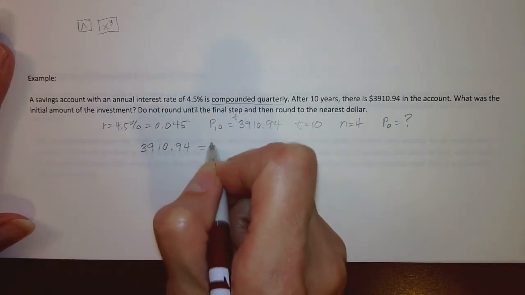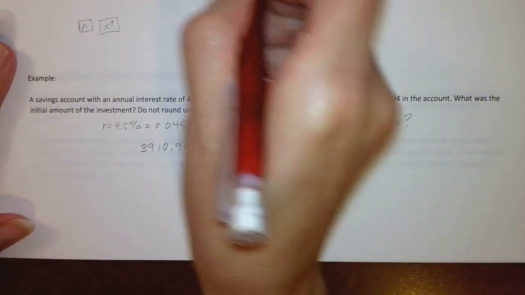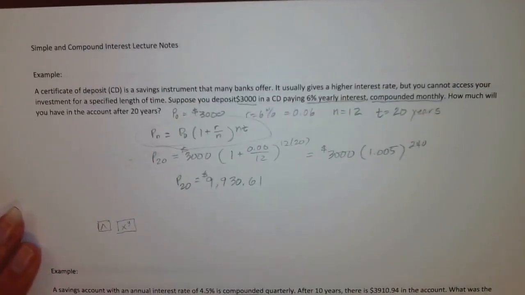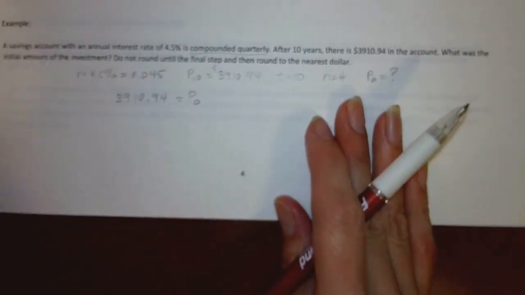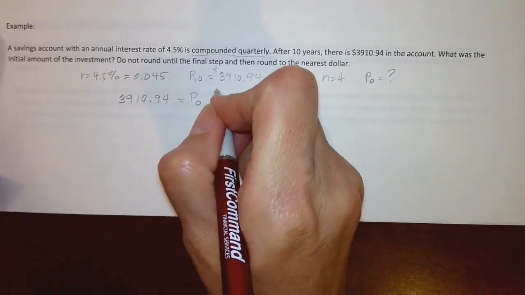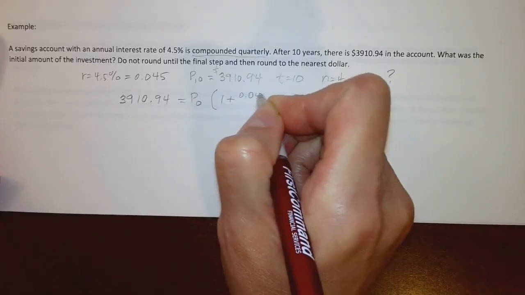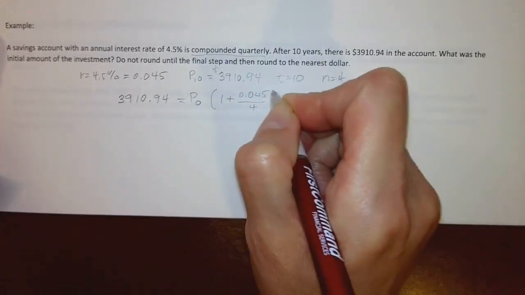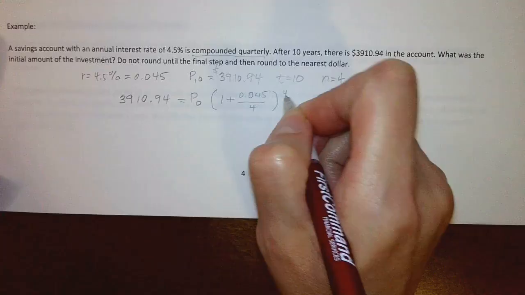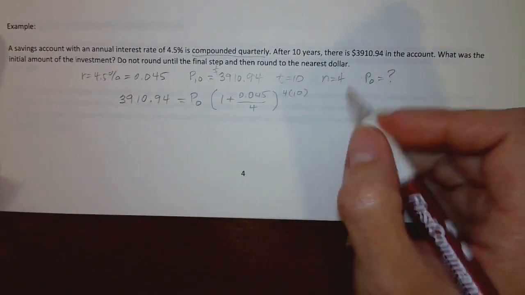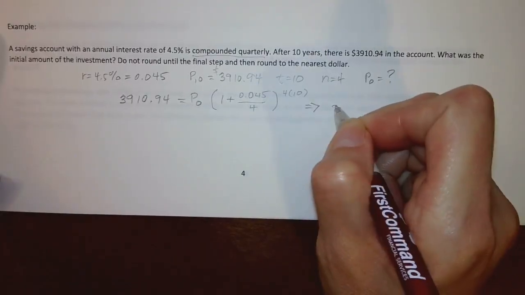So I have 3910.94 is equal to P naught, using this equation up here, this one that we just wrote down. P naught times 1 plus 0.045 divided by 4, to the power 4 times 10. I'm just plugging the amounts into the formula.